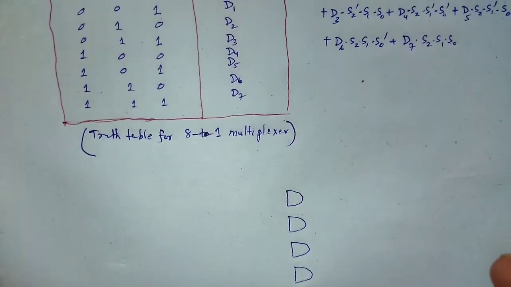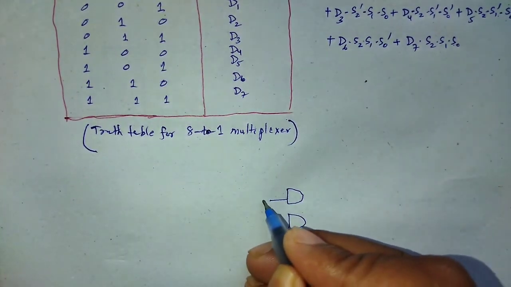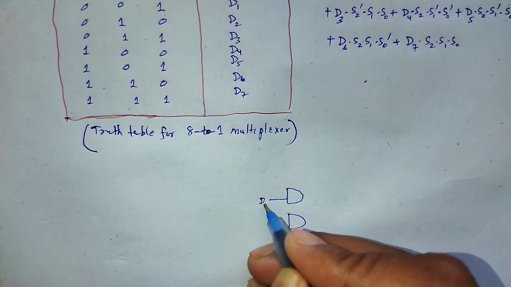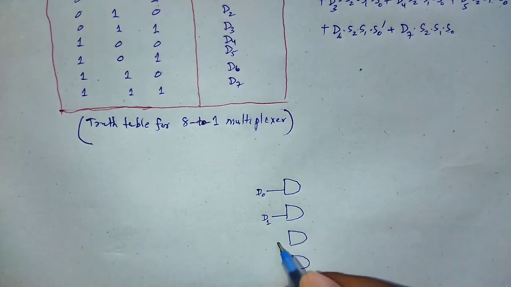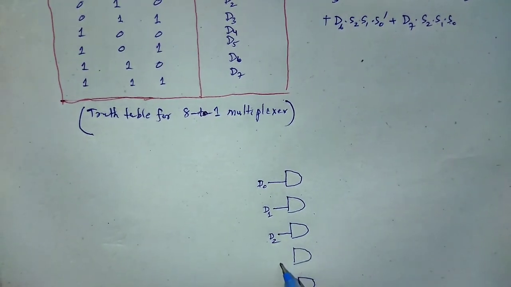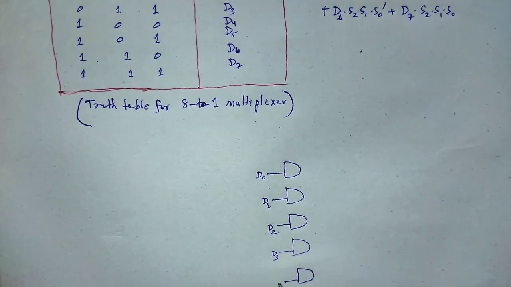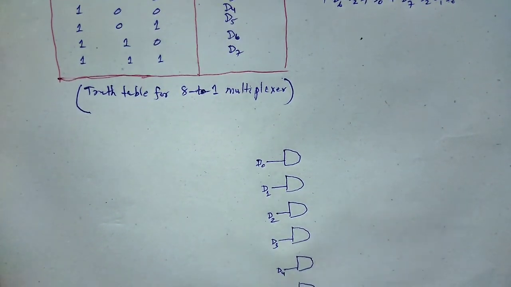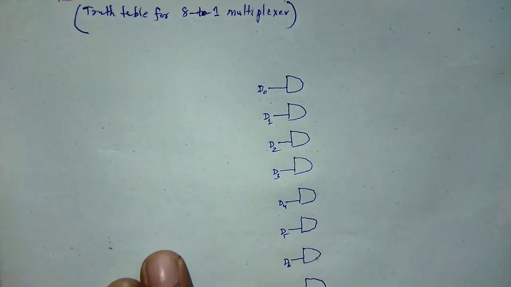Each AND gate has inputs: D0 is the input, D1 the input, D2, D3, D4, D5, D6, D7.